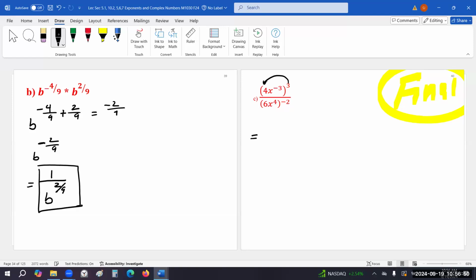So we distribute the numerator exponent and the denominator exponent. So we have 4x to the negative 3, 6x to the positive 4. All of them get the individual exponent. Numerator has 3, denominator has -2.